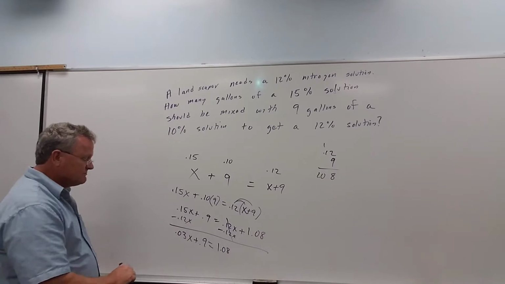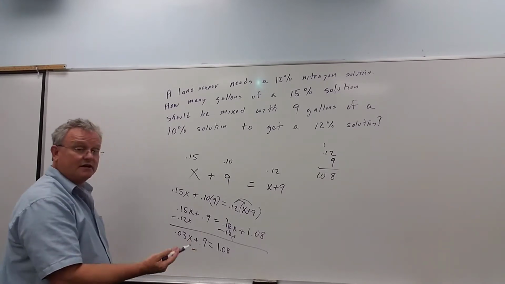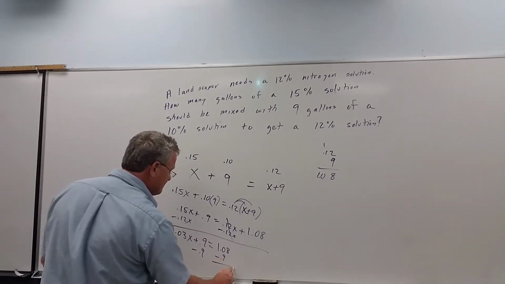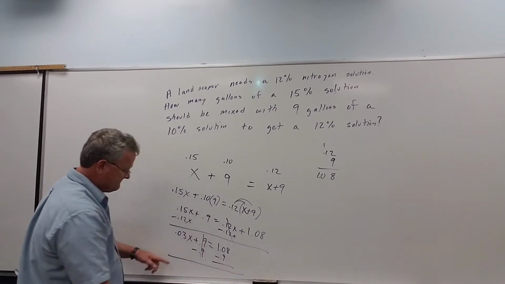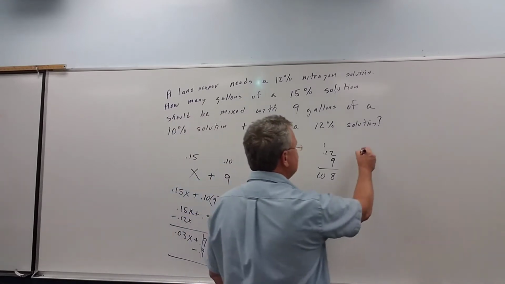Okay, so now we subtract the 0.9. This is added. The opposite is subtracting. Those add up to 0, and on this side we have 0.03x.